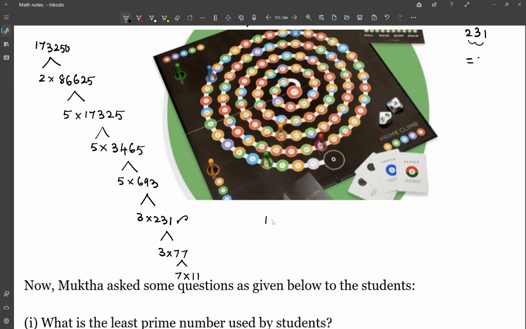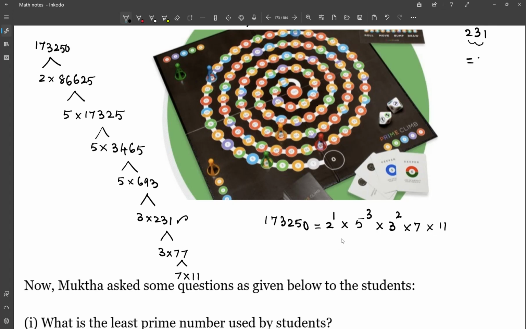So the huge number is now broken into several smaller factors. What are the factors? 2 appears once, 5 appears 3 times, 3 appears twice, 7 appears once, and 11 appears once.